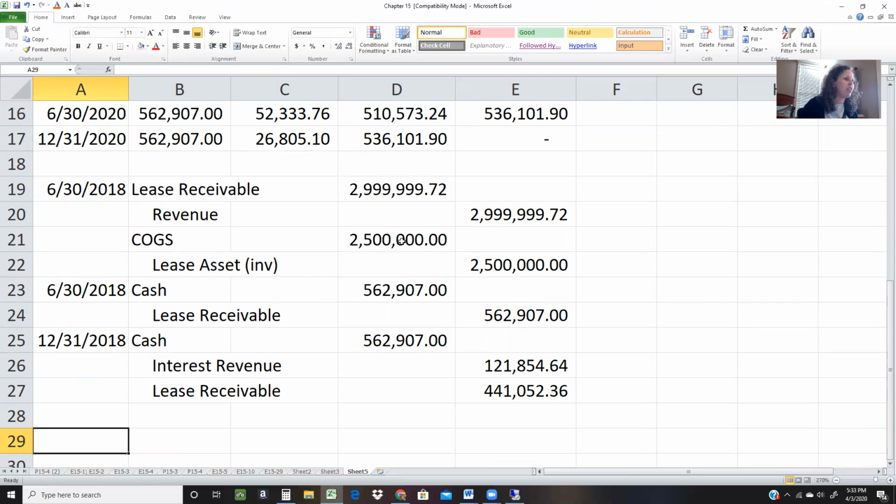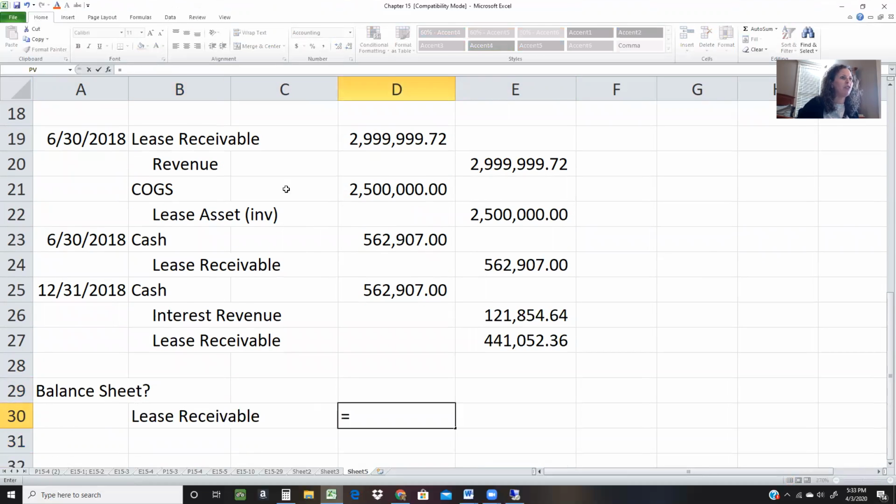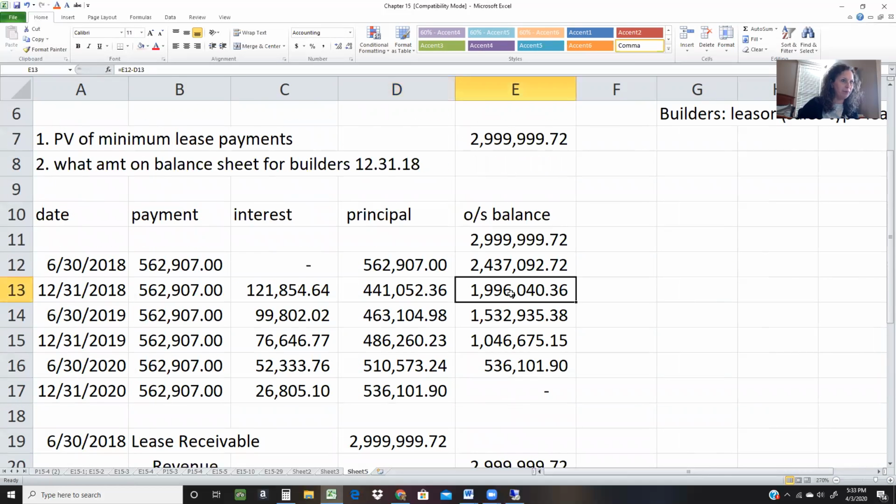So on the balance sheet, we would show lease receivable with a balance of, it started off with this, but then we reduced it by this and this, which should be the number from the table up above, 1,996,040.36. This is exactly the same as the problem I worked last time, but that's okay. I'm not judging myself for not having assigned it to the previous homework problem, but whatever.